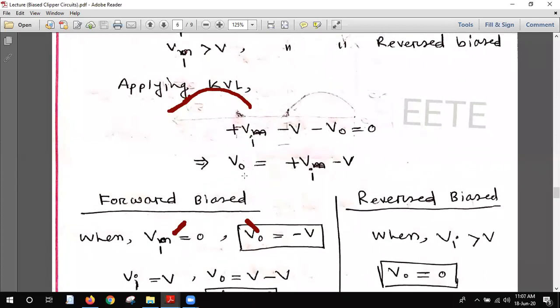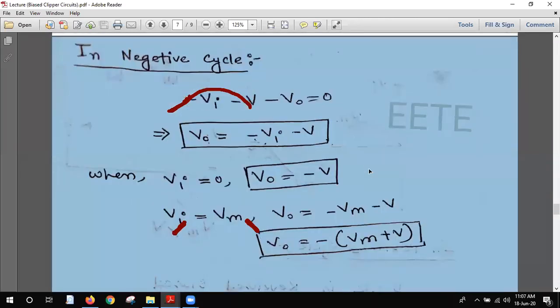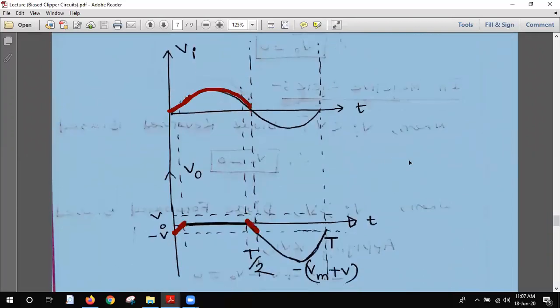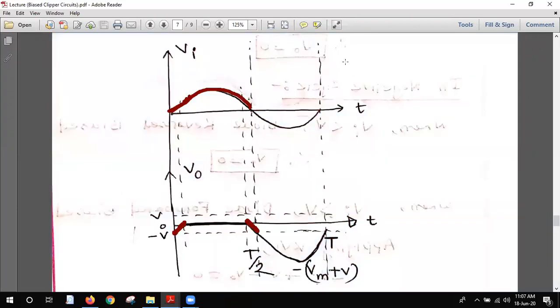The equation is Vo equals plus Vi minus V. Let me write the equation for the positive cycle, my student. This is for the positive cycle: Vo equals plus Vi minus V. You see that this is the equation.